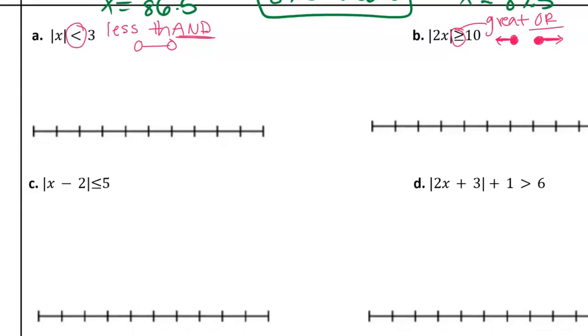Okay. Looking at C, we have less than and or equal to. So again, we have less than. So the two points are going to be connected. The equal to tells me that they will be shaded in circles.